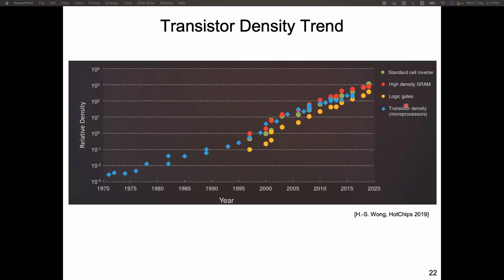For microprocessors, it's the blue diamond-shaped dot. You see the trend is exponential and doubles roughly every 2 years. And also some other trends, say density in static RAMs and memory, static RAM is the red dot. Same trend, doubles every 2 years.